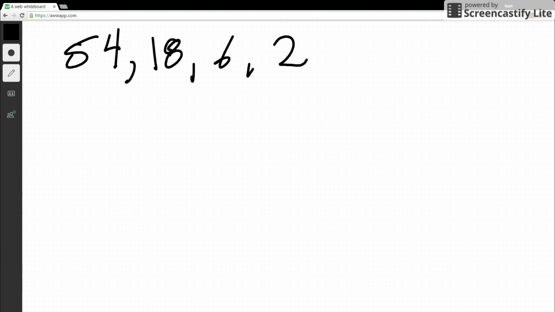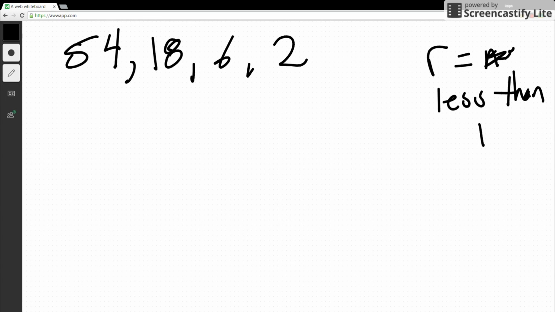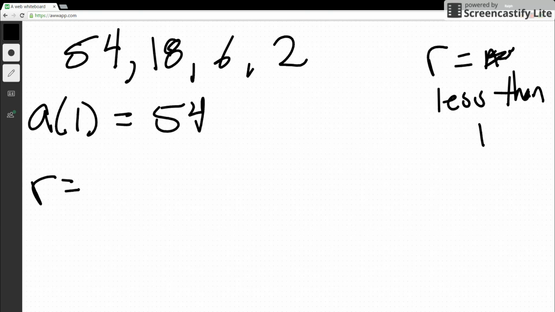So here's another one. Now you can see it's decreasing, so I'm already aware that my r should be, sorry, not negative, our r should be less than 1 because it is decreasing. You see the numbers are getting smaller. We've got to find our first term, which is 54. We have to find r. I always take the right one on top of the left one.